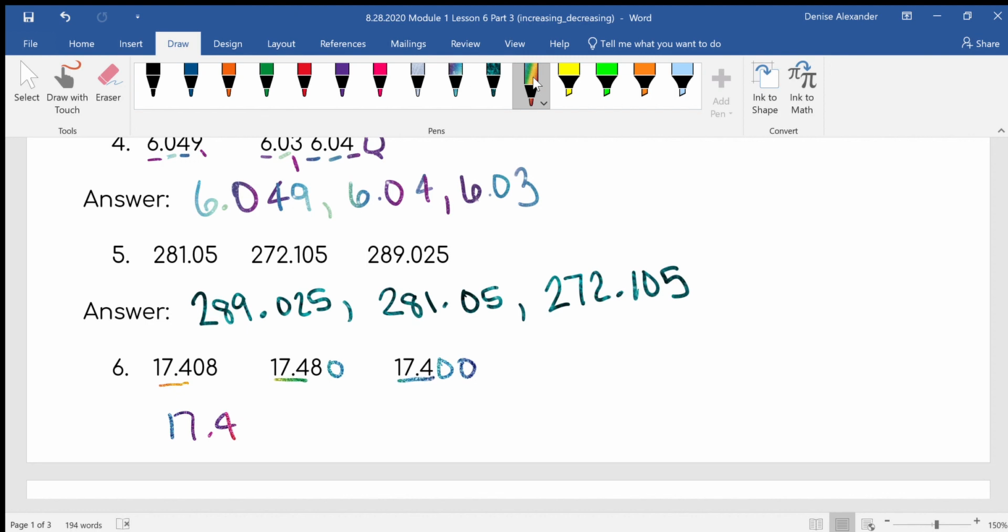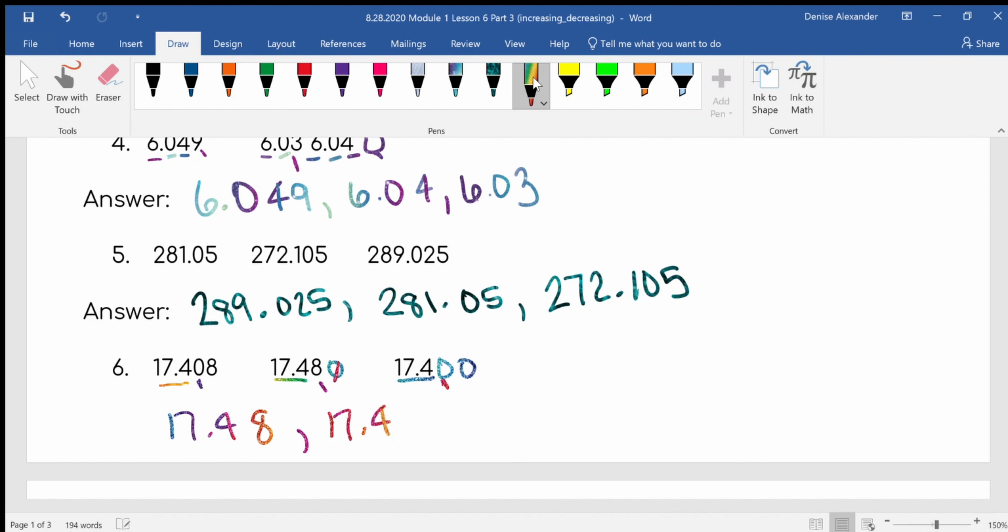I figure out which one goes next. I have a 0, an 8, and a 0. Which number's bigger? You guys are right, the 8. So I'm just going to write the 8. Because there's a 0, I can just ignore that and write that. So I'm going to get my 17.4 ready.